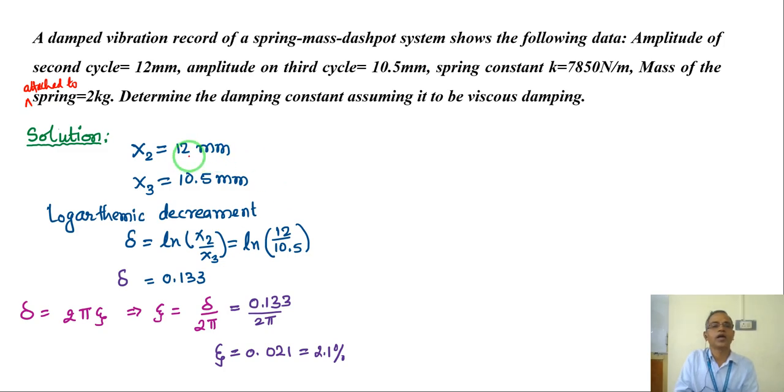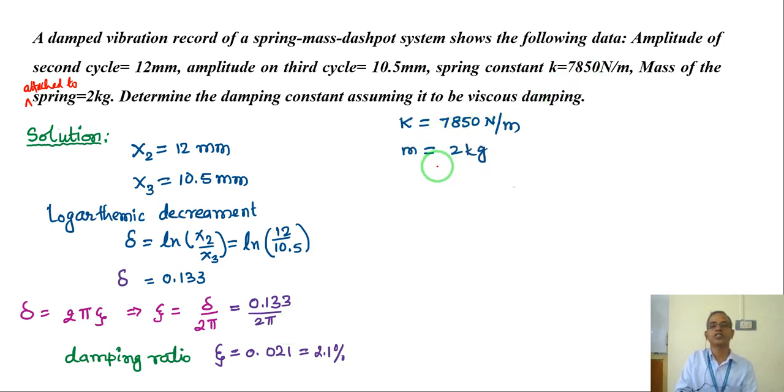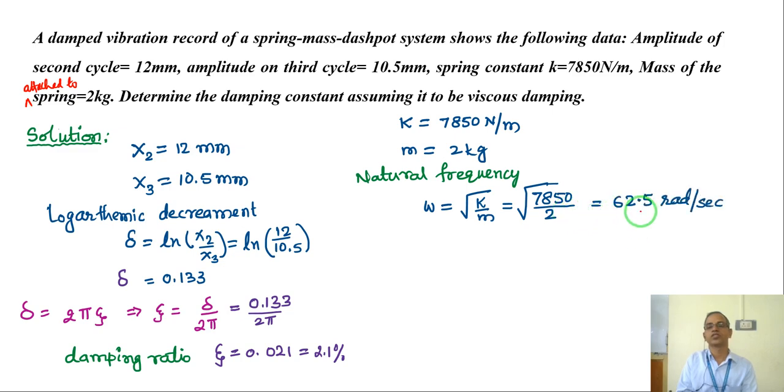So I need a damping constant, which is C. C by 2m is the damping ratio. The stiffness is given to me, mass is given to me. So the natural frequency I can find out, which is root over k by m. So I get 62.5 radian per second.